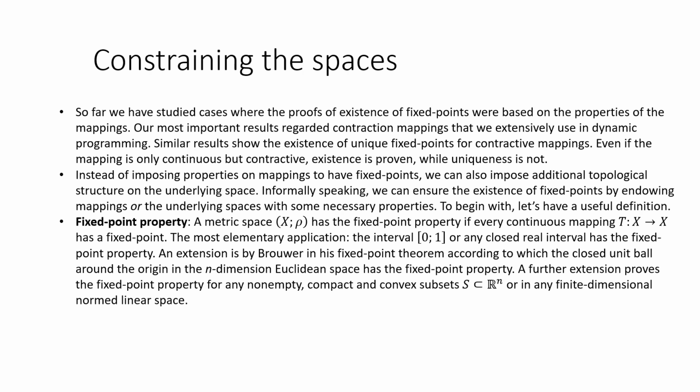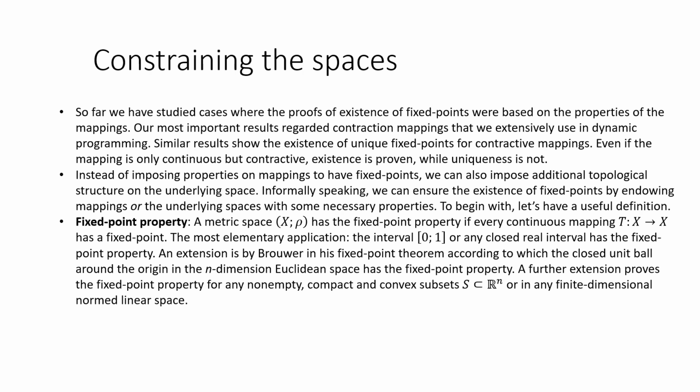And if we succeed, then a very loosely defined set of mappings will have fixed points on a proper space. So we need a useful definition to label this thing we are talking about. This label is the fixed point property.